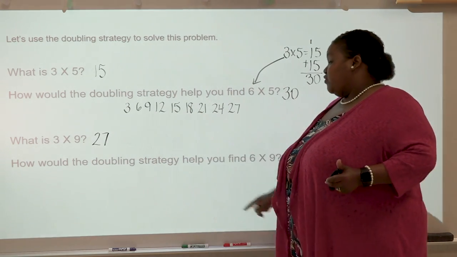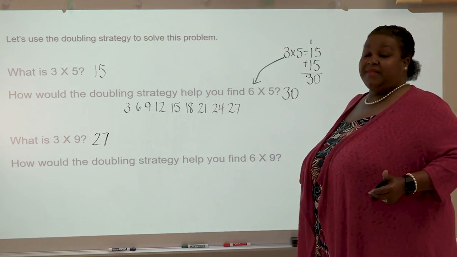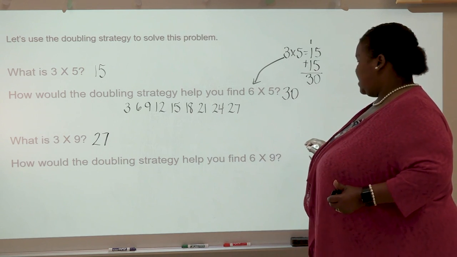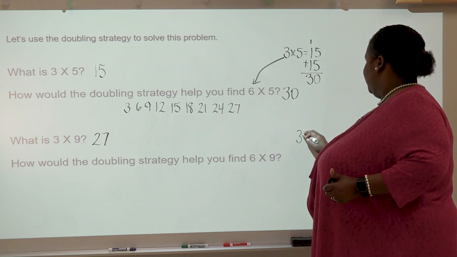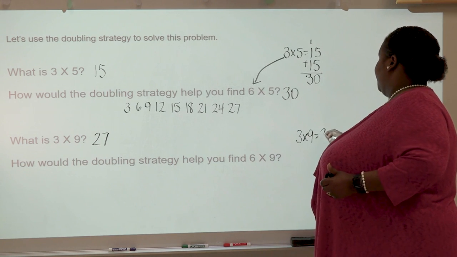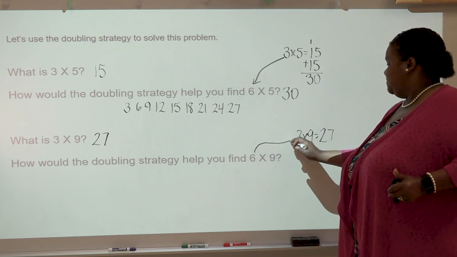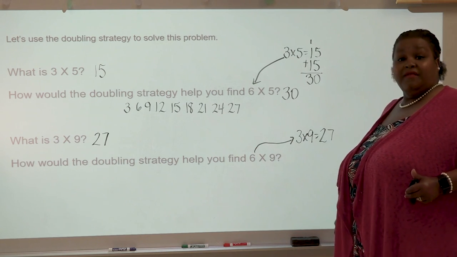How would the doubling strategy help you find 6 times 9? I can do the same thing. I can say 3 times 9 equals 27, and 6 is a double of 3.